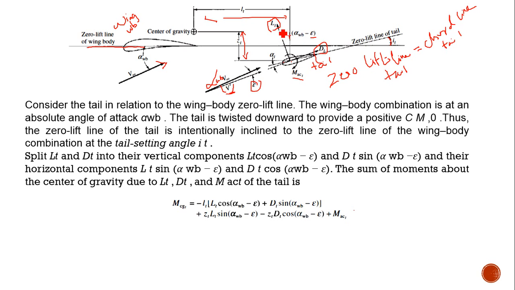Therefore the lift and drag force is deflected at an angle of alpha WB minus epsilon. So the lift force is split into two components, that is LT cos(alpha WB minus epsilon) and LT sin(alpha WB minus epsilon). WB is a suffix.